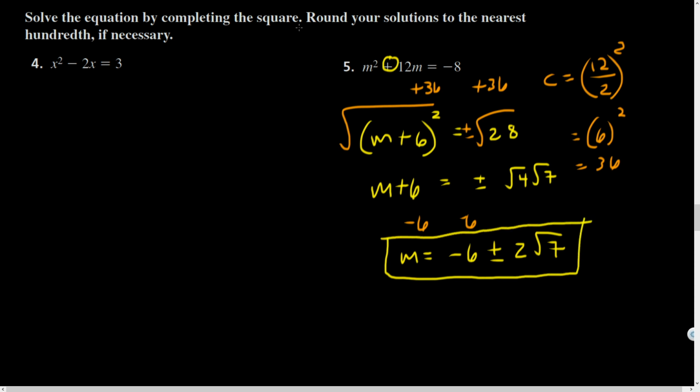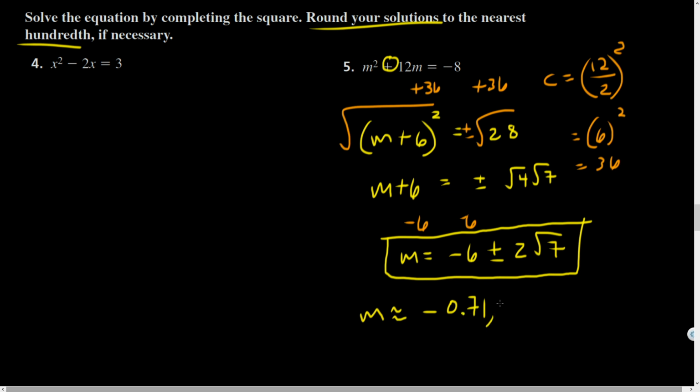But notice they wanted us to round our solutions to the nearest hundredth, 2 decimal places. And answers, plural, is what I've got. So in my calculator, I'm going to type -6 plus 2 times the square root of 7. And one of my answers is -0.71 when I round it.